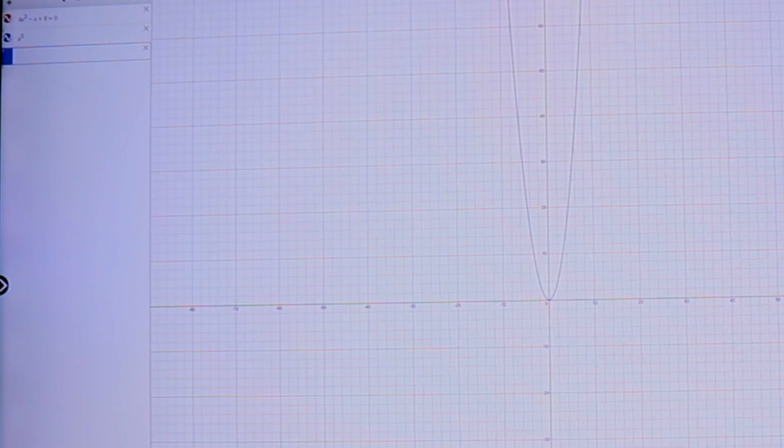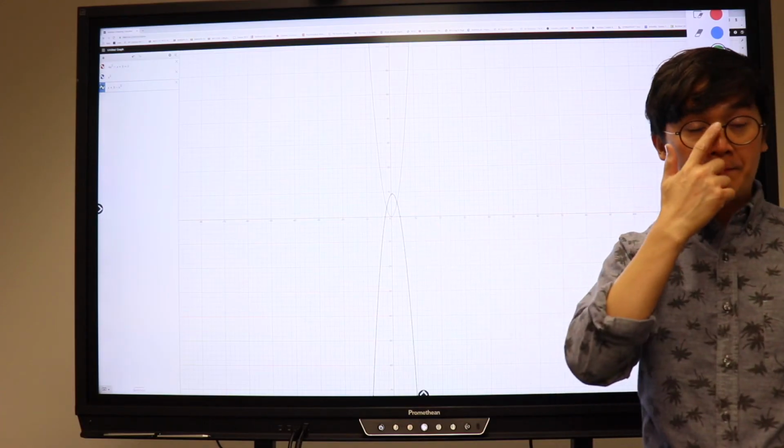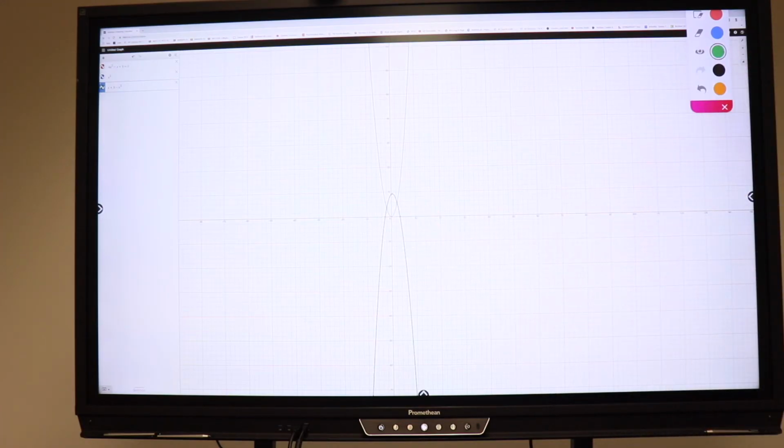Negative x plus 9 minus x squared equals 0. Now, what do you see about your graph? It's a parabola opening downwards, right? And if you're going to find the solution of this graph, just use your cursor and put it right here.